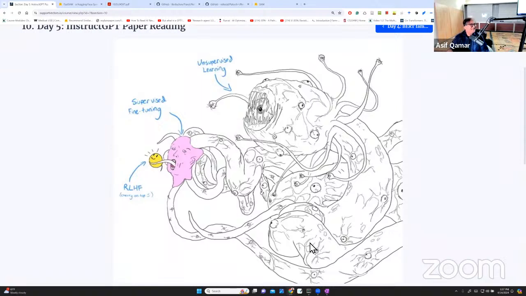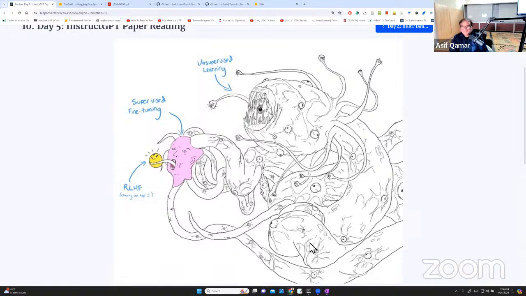When you pre-train a large language model on all the data, all of human knowledge, it is this big multi-headed monster. In India, you would call it the Ravan. Yes. This is it. Then you do some supervised fine-tuning with data, and it begins to look like that pink guy, a bit of a tame monster, but still a monster.